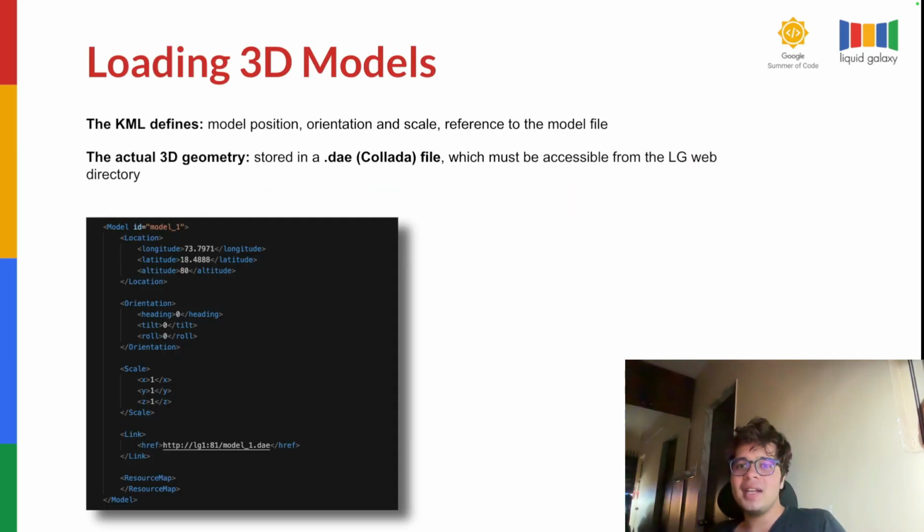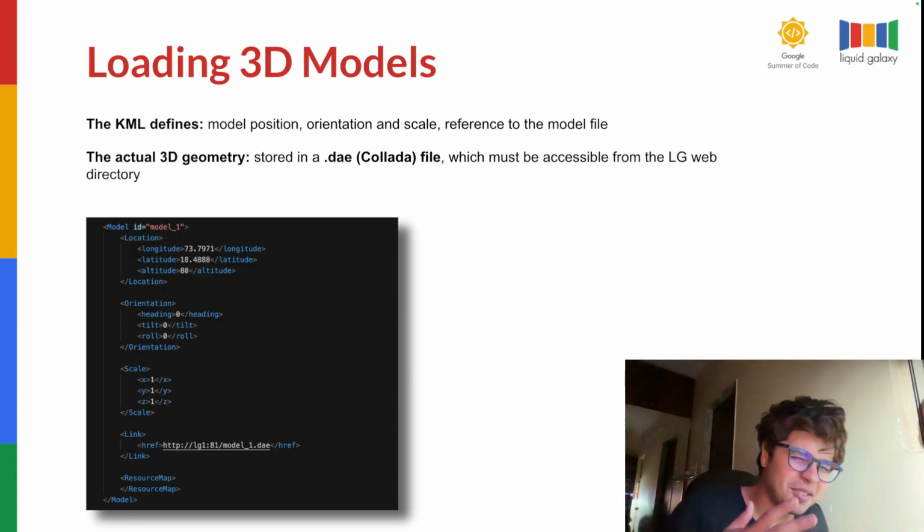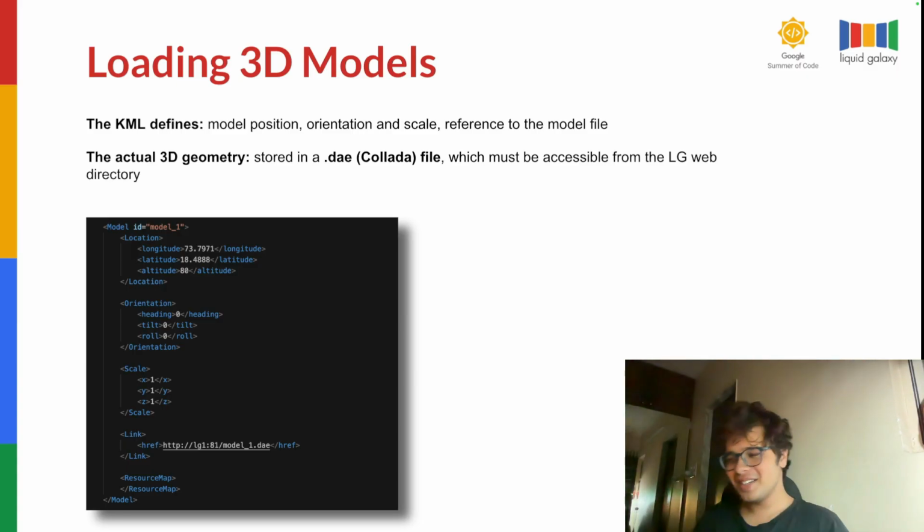Now, a KML file does not actually contain 3D objects in itself, right? Instead, I mean, KML is a little lazy, okay, it outsources the work. So what KML does is, it acts like a blueprint or an instruction sheet for Google Earth, telling it where the model should appear, how it should be rotated, and how large or small it should be.